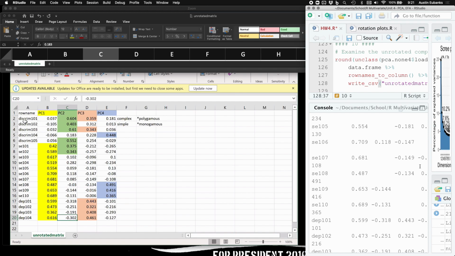So basically, in Discrim 101 here, we have it highlighted as loading onto both PC2 and PC3, which makes it complex. Discrim 102, however, only loads on PC2, so it's simple. So we're counting how many complex loaded items we have. And there are 11 complex loaded or 11 simple? I counted 11 complex. Is that what you guys found? Yeah, 11 complex.